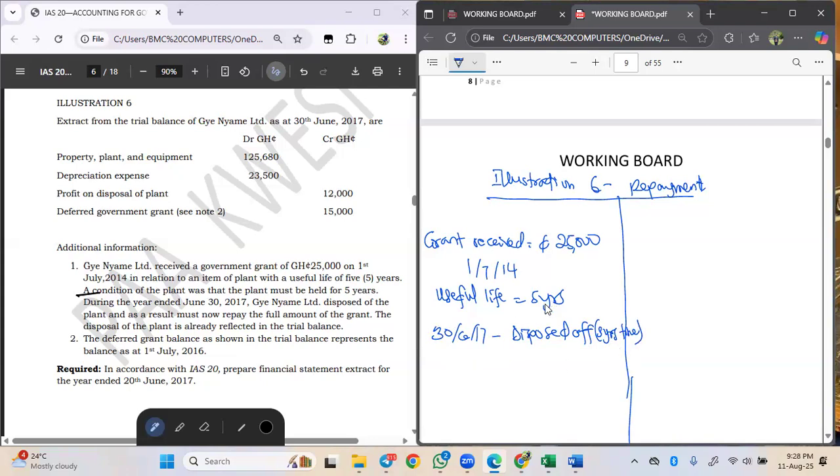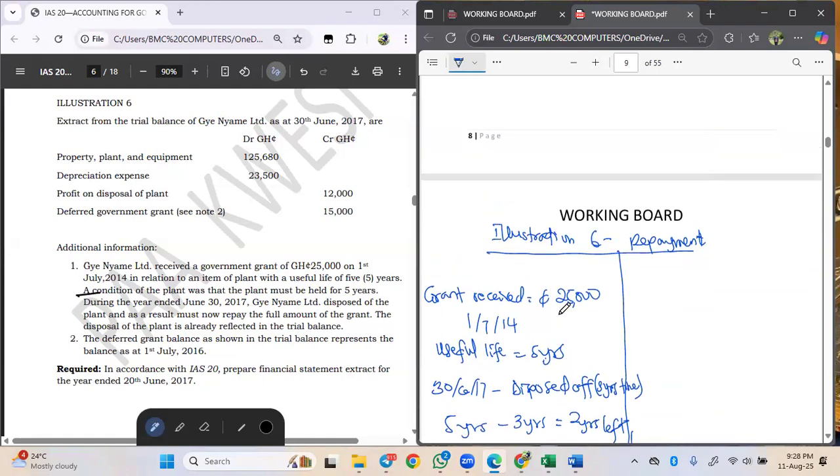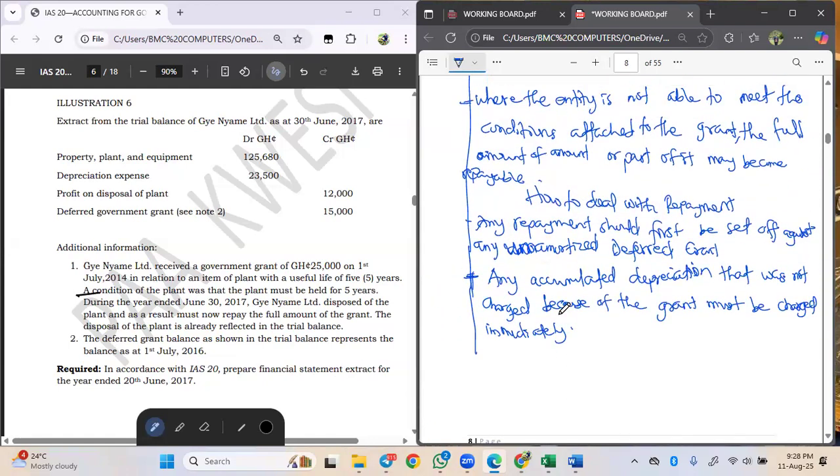So the useful life of the asset is 5 years. You spent 3 years and you disposed of it. So how many years are left? 2 years. So 2 years left. Good. Let's look at this. I said that any repayment should first be set off against any unamortized deferred grant.